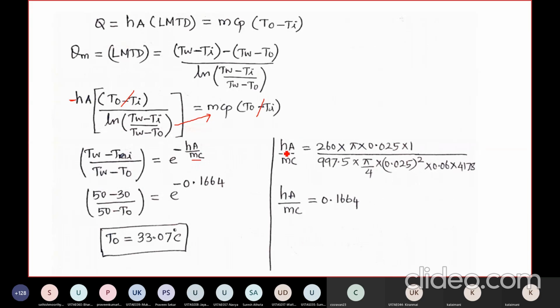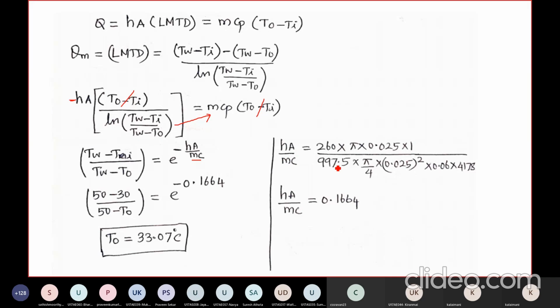See, A is the contact area, how much area the fluid is in contact with your surface. For how much heat transfer takes place, that will be your contact area or surface area, pi d into L. While calculating mass flow rate we have to take the cross-sectional area through which the fluid passes.